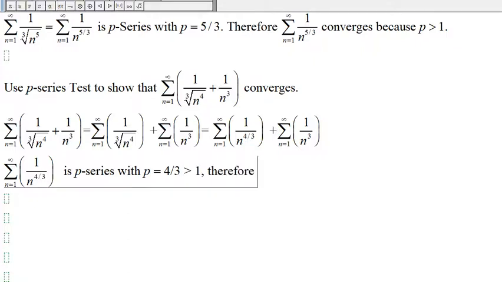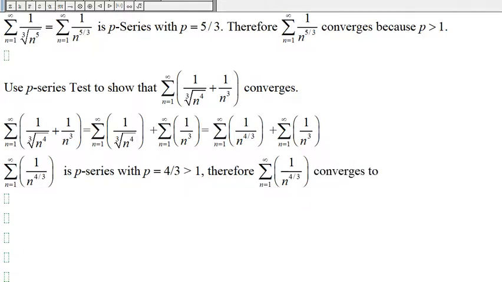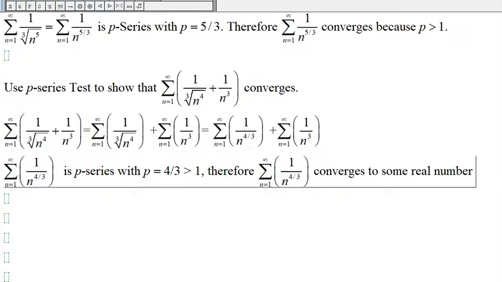And therefore, this series converges to some real number, we'll just call it S.